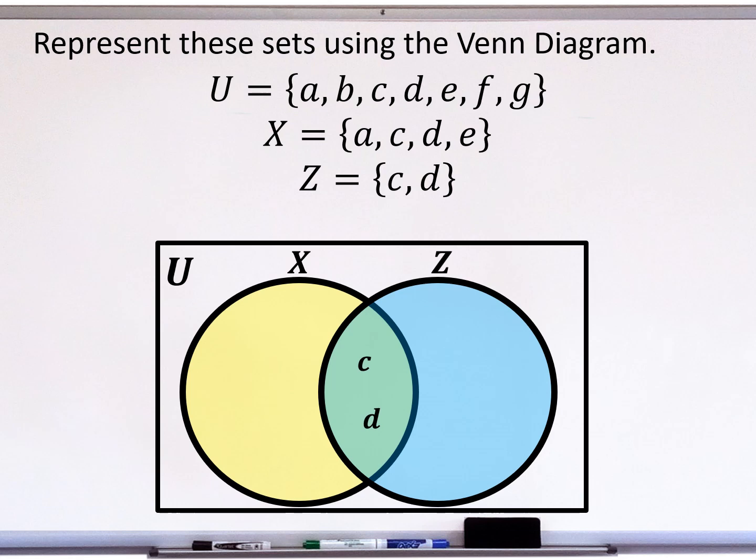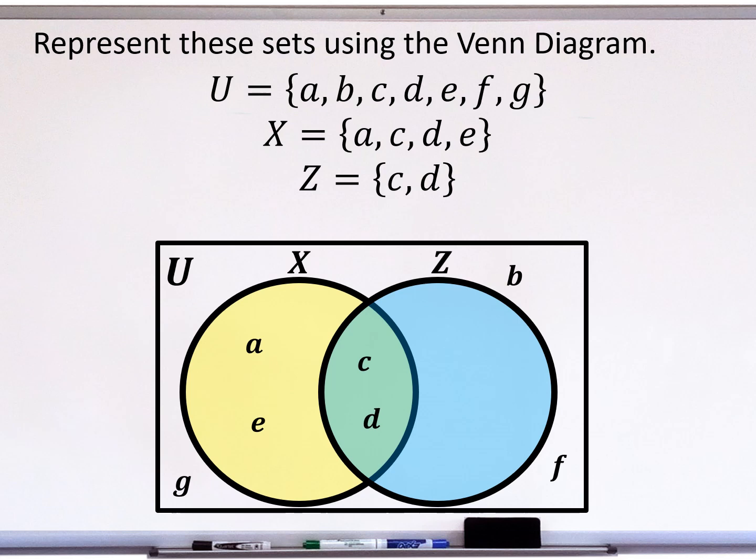So therefore, we are going to write C and D at the center part, while the remaining letters for set X will be in the yellow region, which are the letters A and E. And as you can see here, there are no more remaining letters for set Z, but for the universal set U, we are going to be writing three other letters outside the two circles. And so, they are the letters G, B, and F.